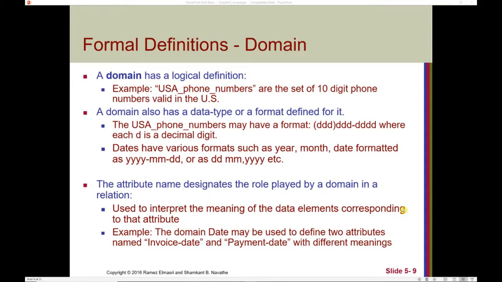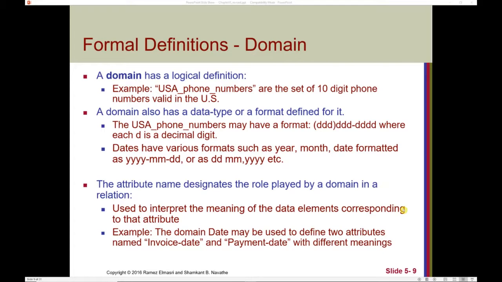We've talked a little bit about what a domain is in the sense of data type, but domain can also mean different valid numbers as well. For example, you wouldn't have a negative number for somebody's age. Here's another example of the logical definition of domain. USA phone numbers are the set of 10-digit phone numbers valid in the United States. The domain also has a data type or a format defined for it.